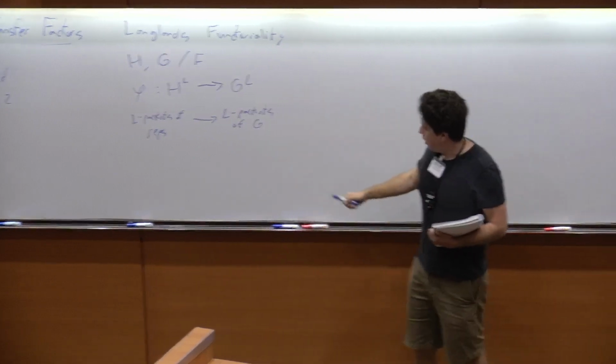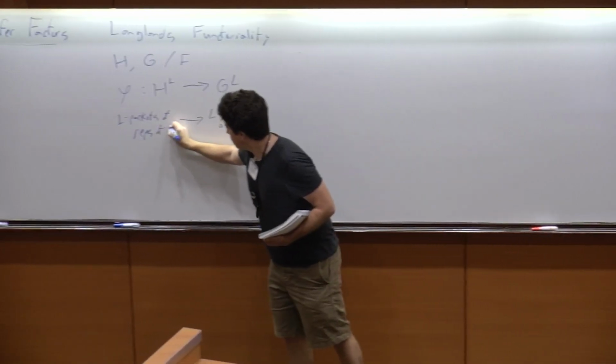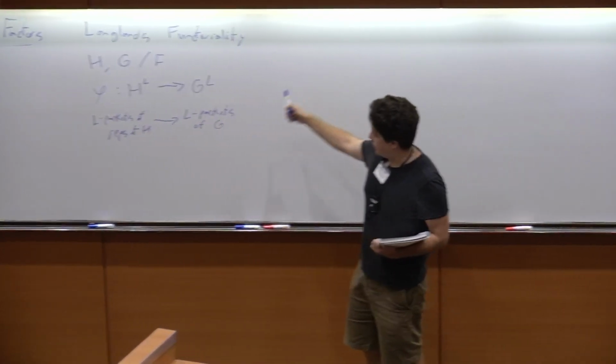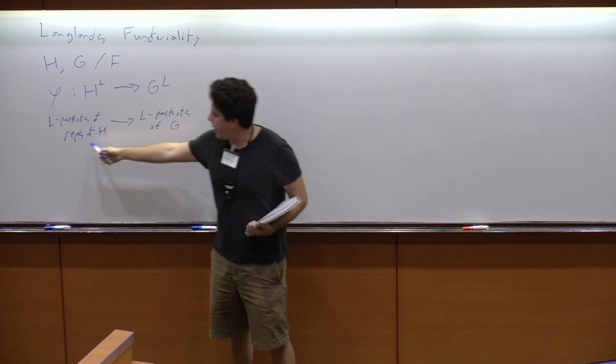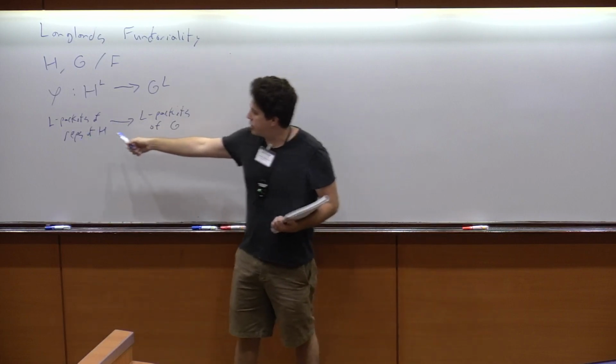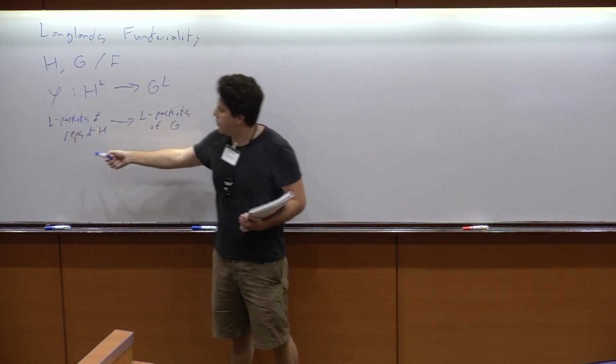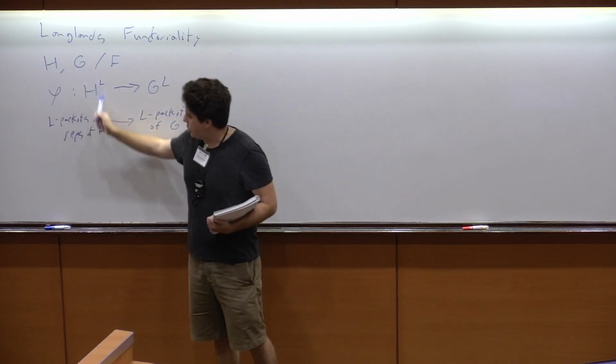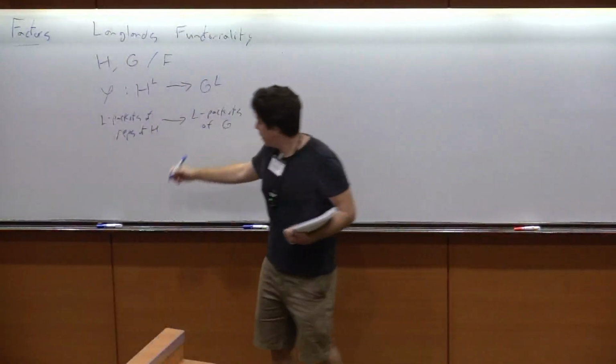But moreover, as has also been discussed, you can assign to an L packet a stable character, which is just some nice linear combination of the characters of the various representations in the L packet.